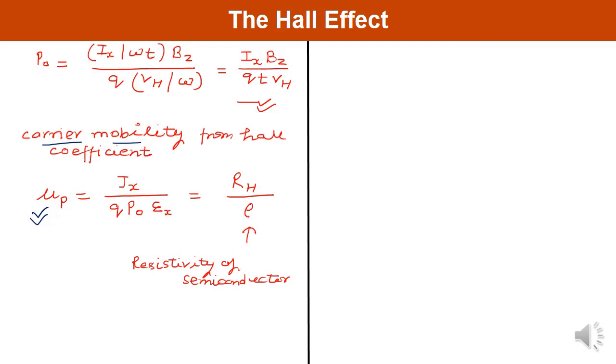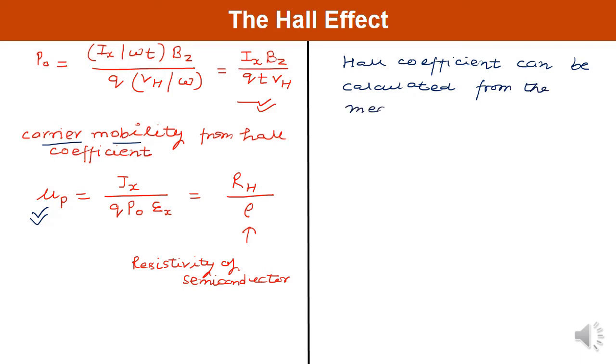The Hall coefficient can be calculated from the measured current, which is Ix, and measured voltage.